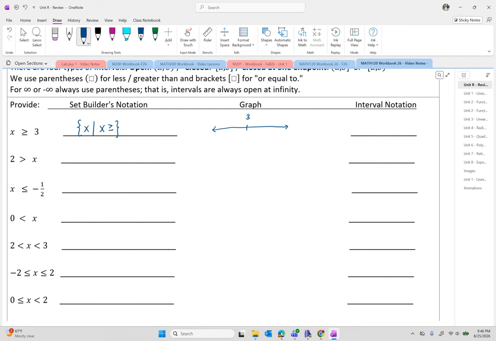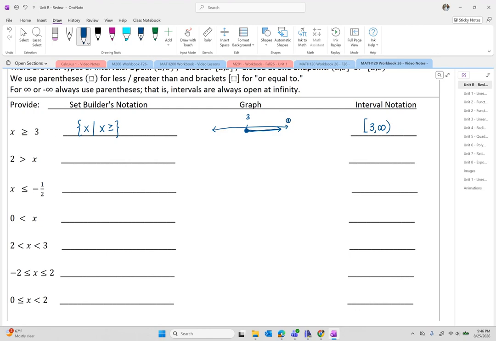Greater than 3 means that we will shade the right side of the line from the number 3. And equal to 3 will require a solid circle, a closed circle. In interval notation, 3 is the lower bound, infinity is the upper bound. We are always open at infinity, but at 3 we are closed because we can equal 3.